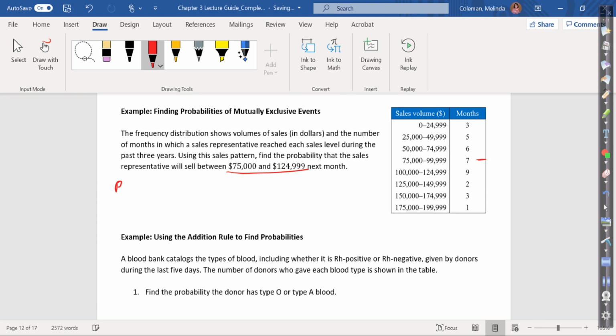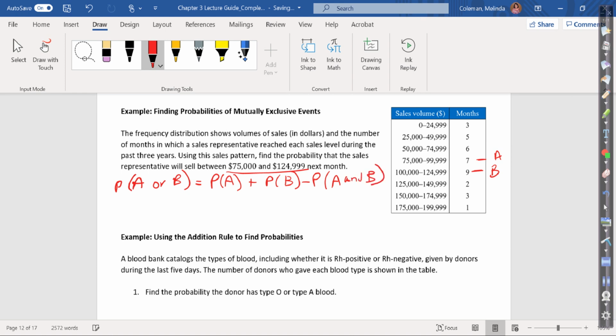So that would be this category and this category. So if I call this event A and this event B, the probability of A or B would be, again, the probability of A plus the probability of B minus the probability of what they share in common.